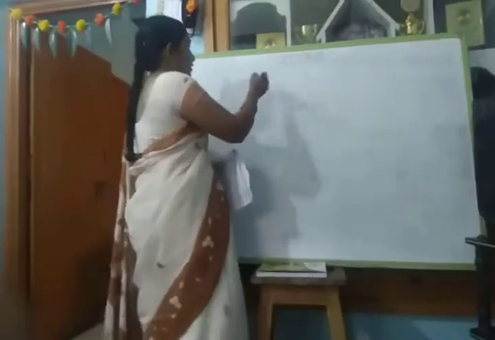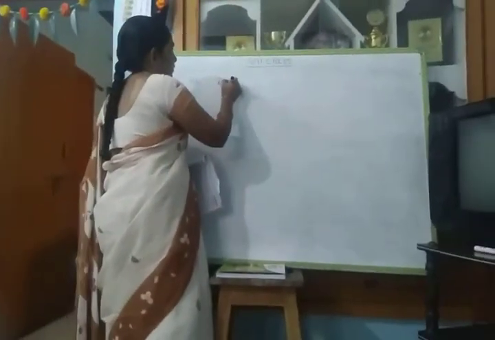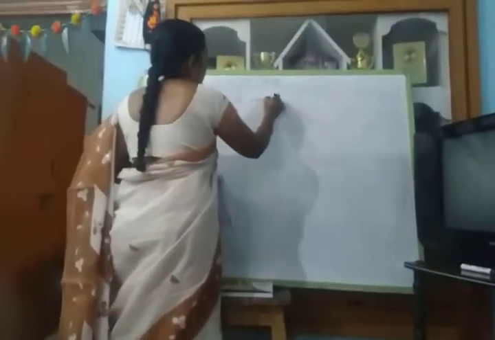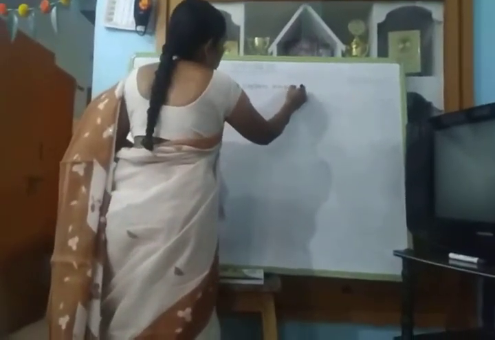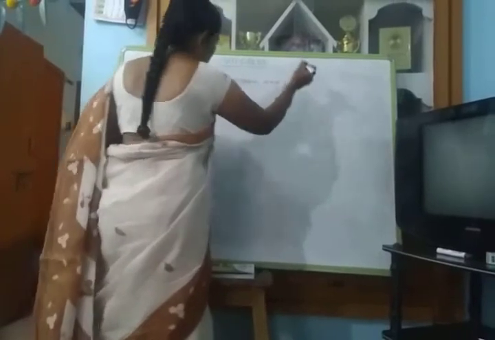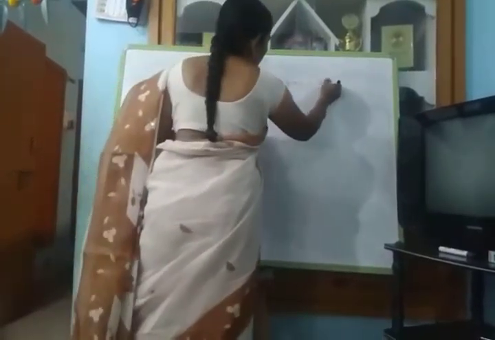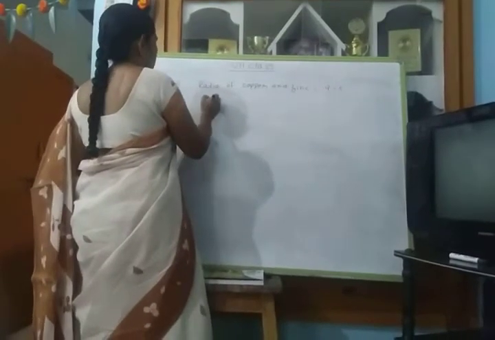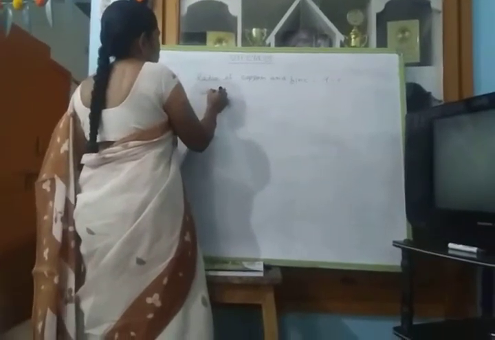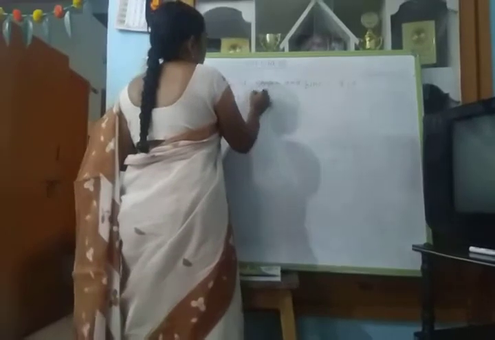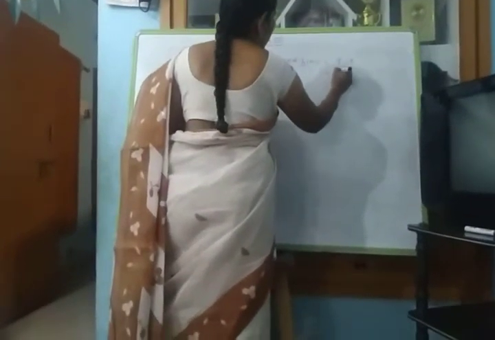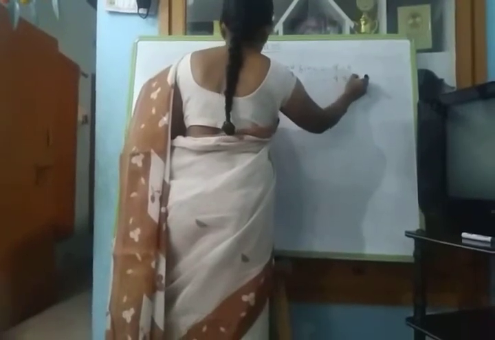Here they have given the ratio of copper and zinc. How much is the ratio given? 9:5. Here they have given the weight of zinc, 9.5 grams.